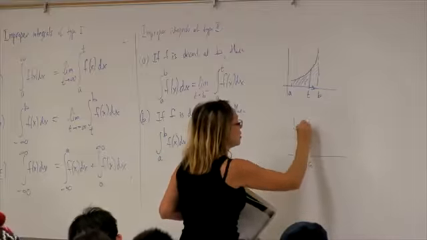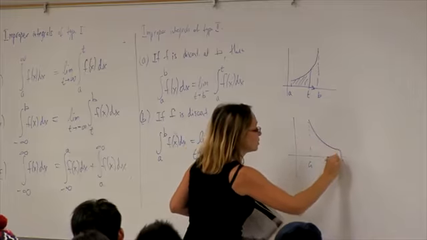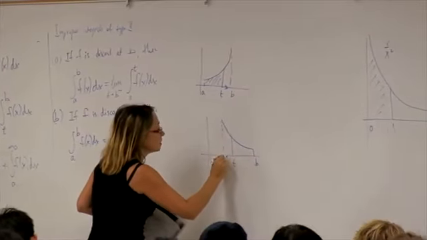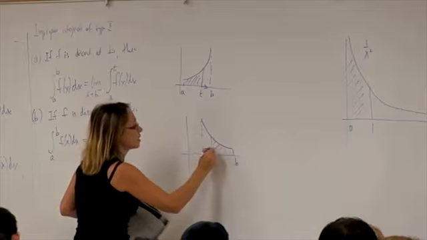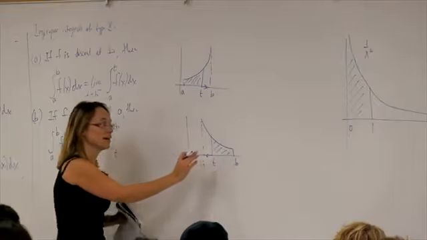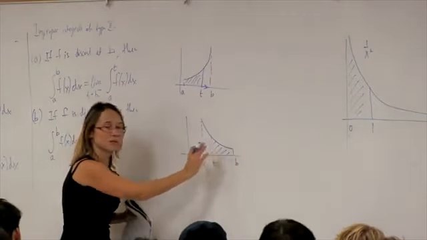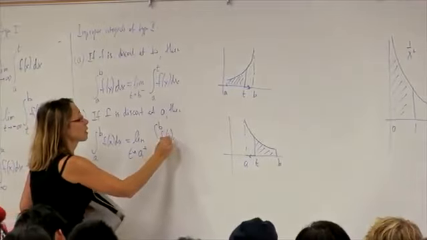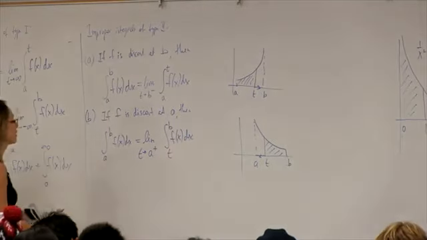So at a, we have a discontinuity, and I set up the variable t that tends to a. Each time I have a t that is not equal to a, I have a finite integral, and everything's great. And then I take the limit.